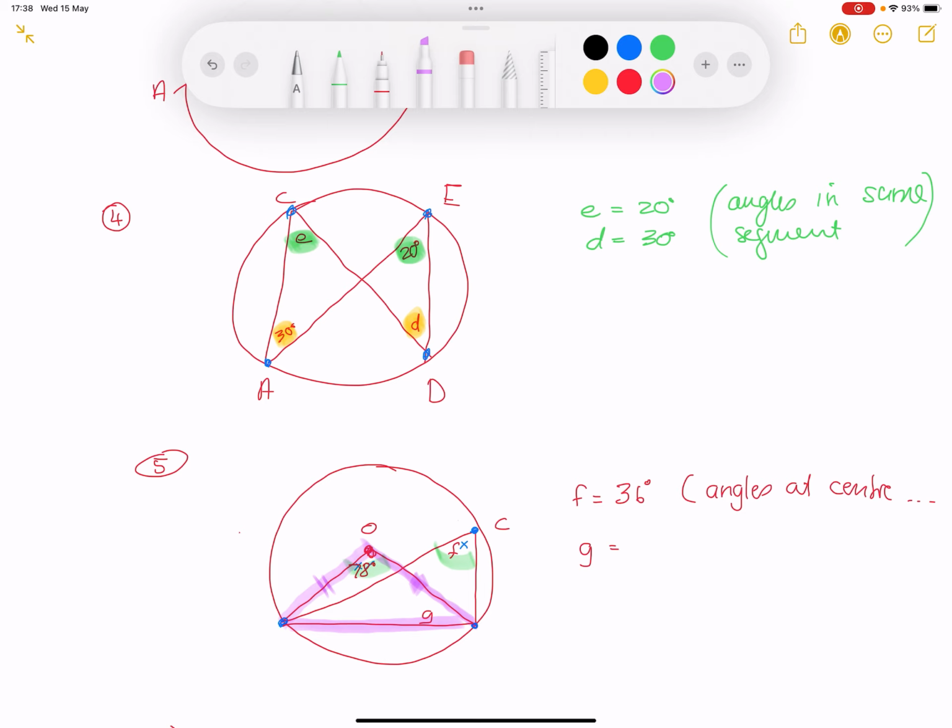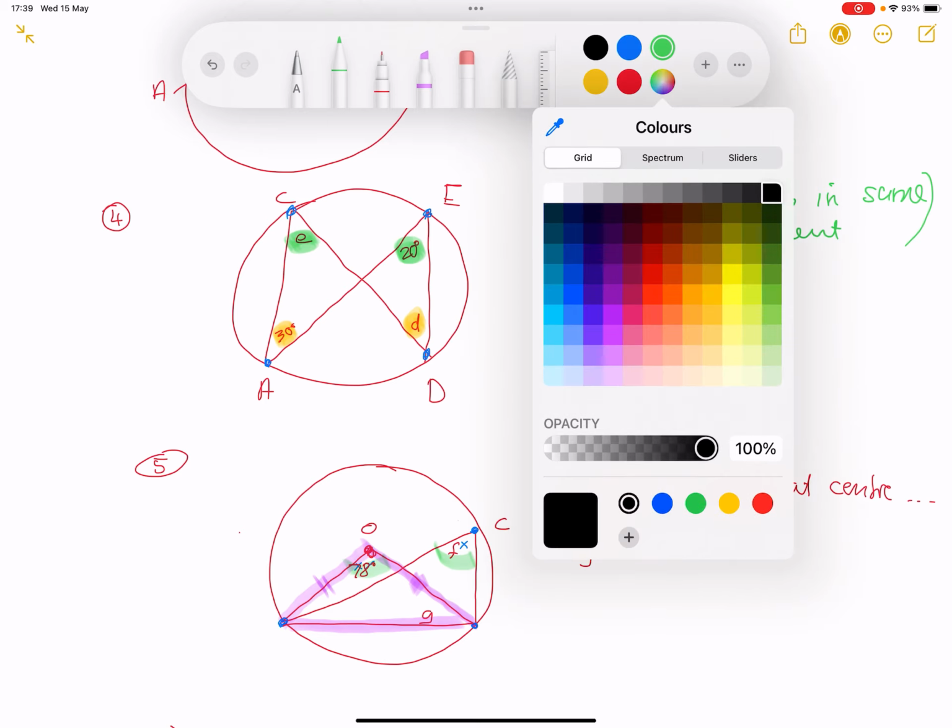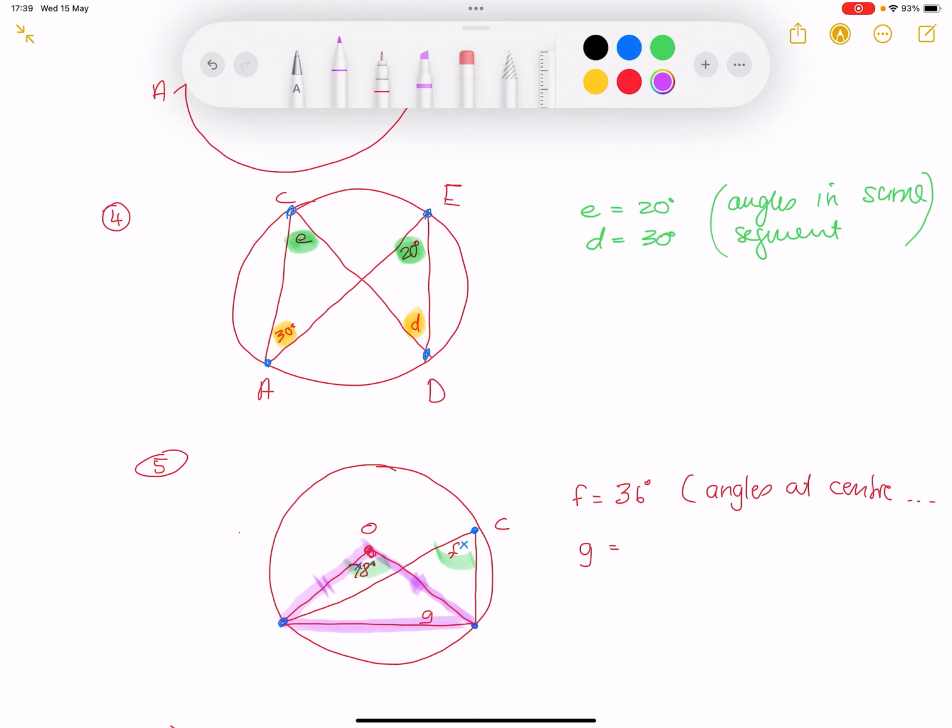Let's make that one purple. So, and what do we call these ones? This is A and B. So now, triangle, or wait, how do they say it?